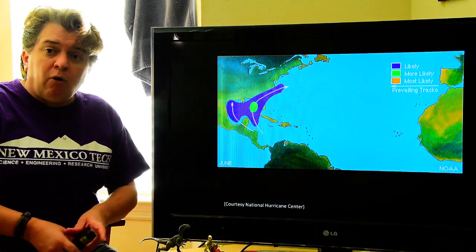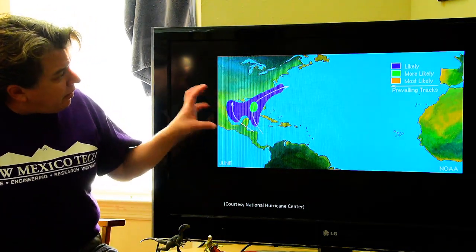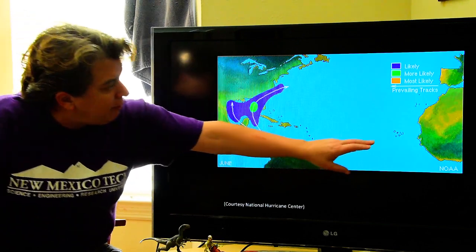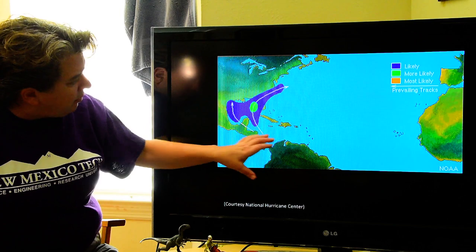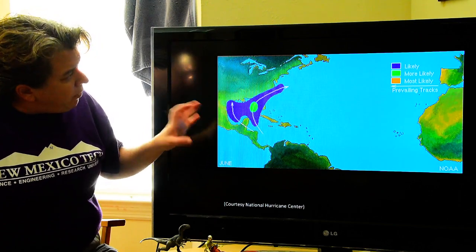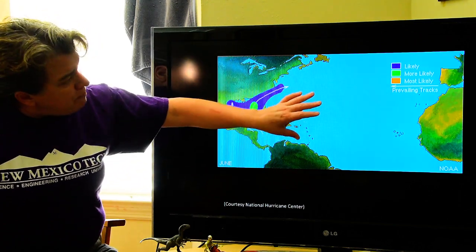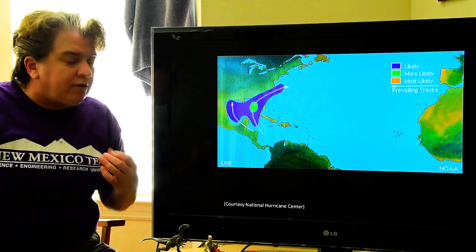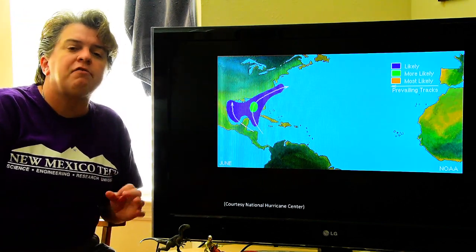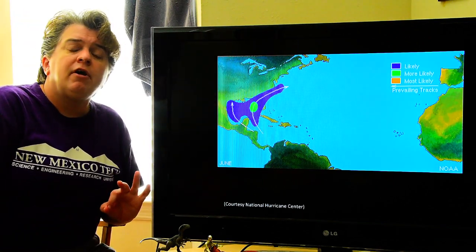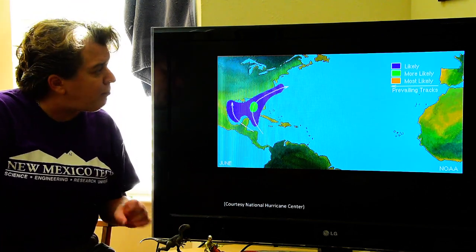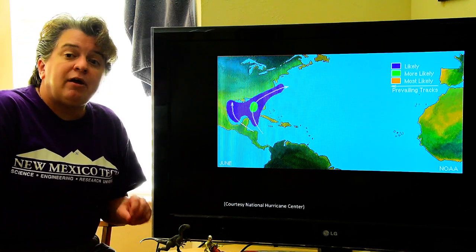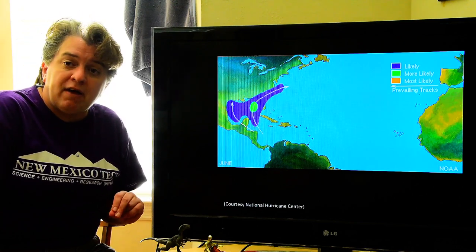All right, I have a whole series of maps right here. Here's our Cape Verde Islands, right? Here's the Caribbean and Gulf of Mexico. These come from NOAA, and they show the typical places where tropical storms and hurricanes develop, and the typical pathways that they follow.